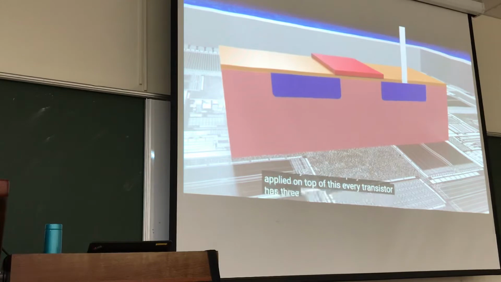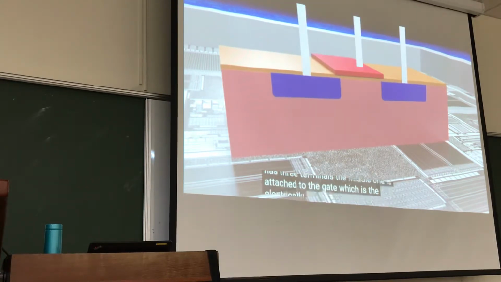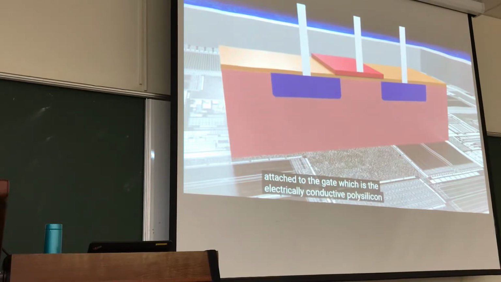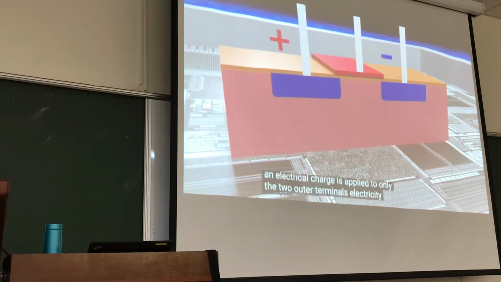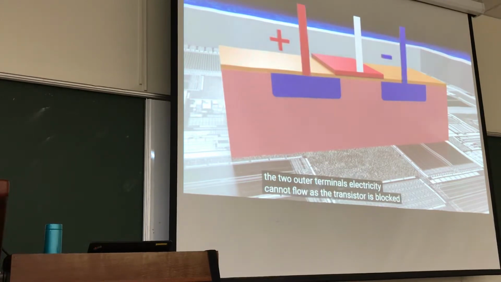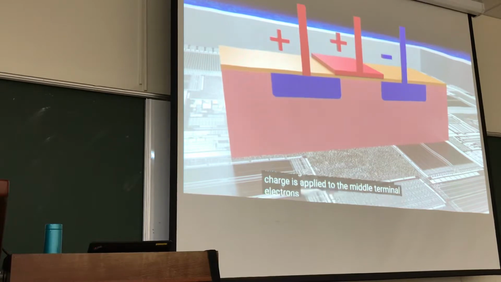Every transistor has 3 terminals. The middle one is attached to the gate, which is the electrically conductive polysilicon. If an electrical charge is applied to only the 2 outer terminals, electricity cannot flow as the transistor is blocked. This changes, however, if an additional charge is applied to the middle terminal. Electrons from the P layer are then pulled toward the middle terminal and accumulate at the area bordering the silicon crystal and the insulating gate oxide.